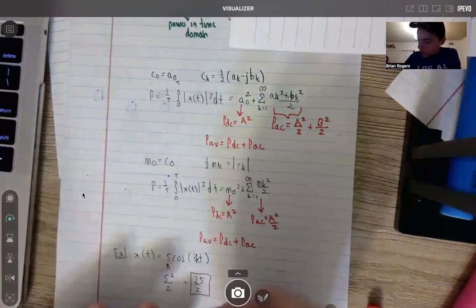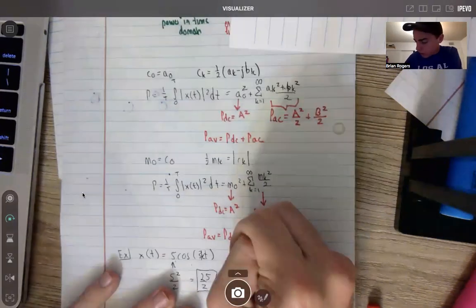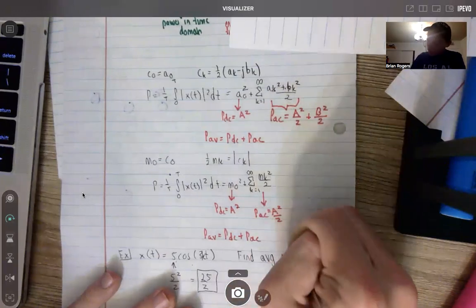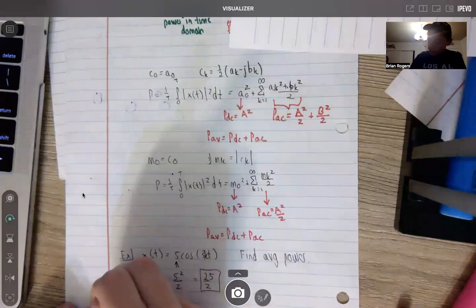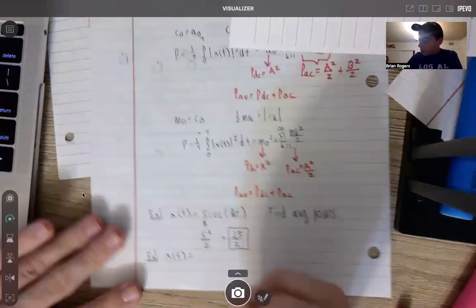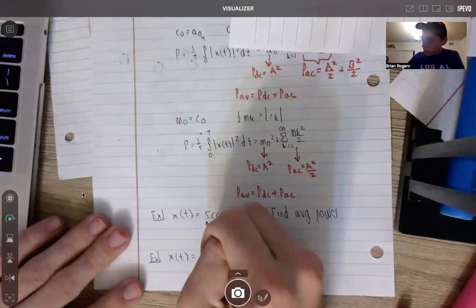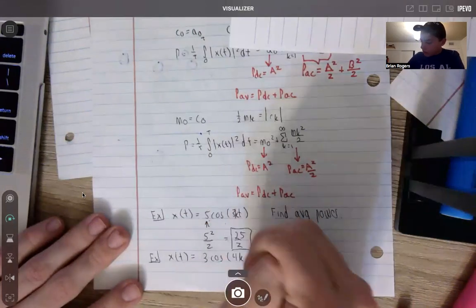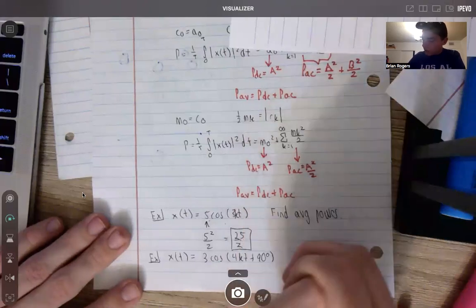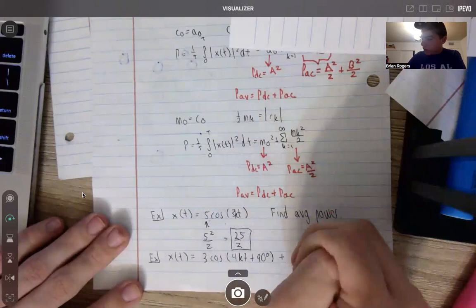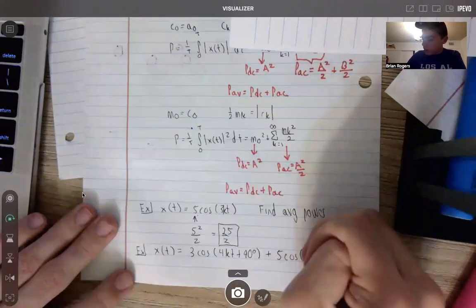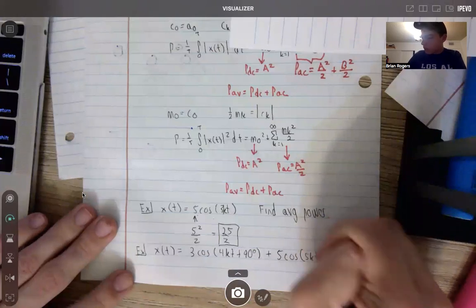So that's how you find average power, if it ever asks you for that. Another example: what if x of t equals 3 cosine of 4k t plus 90 degrees plus 5 cosine of 5k t plus 80 degrees?